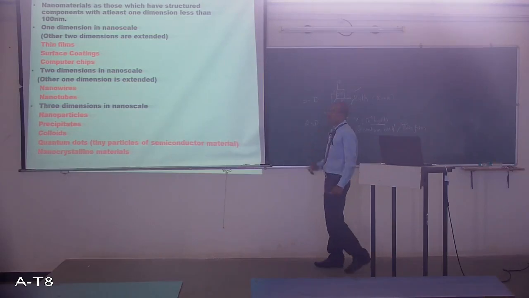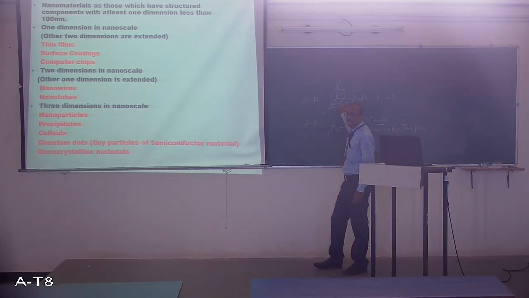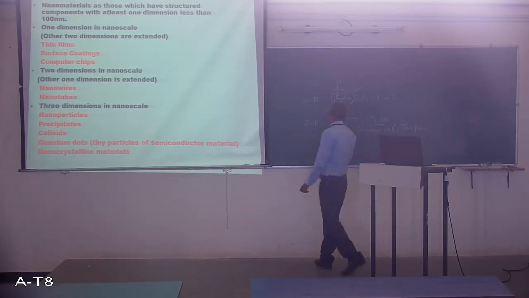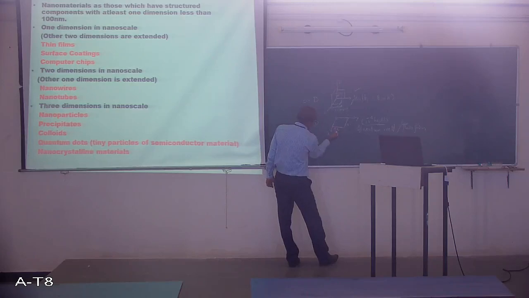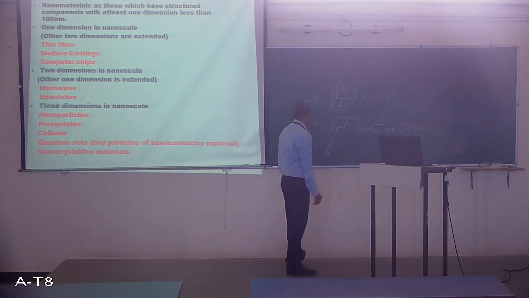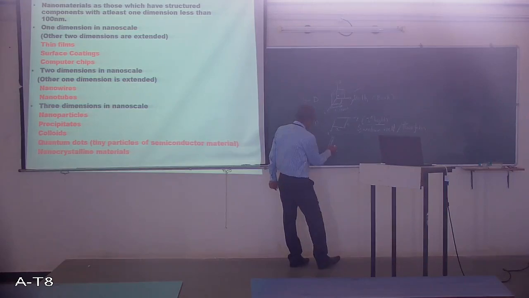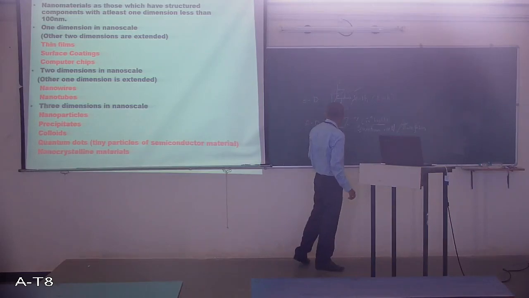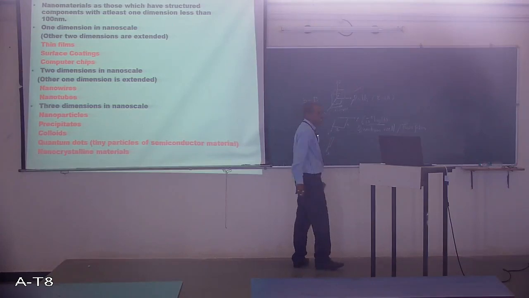Again, if you reduce the z coordinate and the y coordinate, if you suppress two coordinates, what will we get? If you suppress the y coordinate also, we will get only the x coordinate. Here we are going to confine, and we will get a one-dimensional structure.